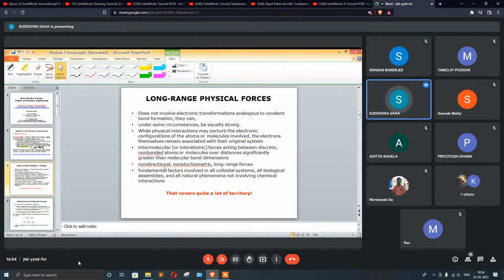That means the interaction distance between the molecules is quite large, sometimes in the 100 to 1000 nanometer range. So you can imagine the difference between chemical forces and long range physical forces.